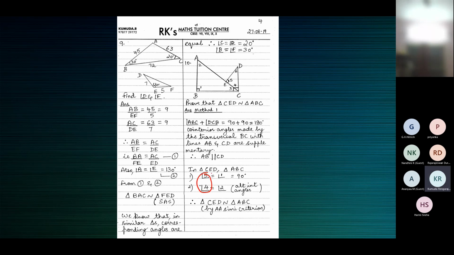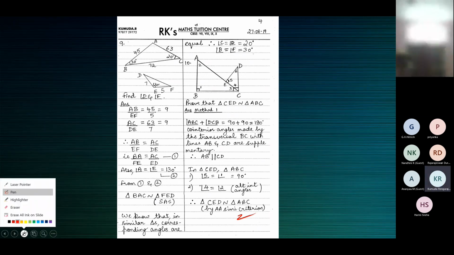So 90 degrees, and alternate interior angles are equal. We do not know the measure of the alternate interior angles, but whatever they are, they're equal. So by AA similarity, the triangles are similar to each other.